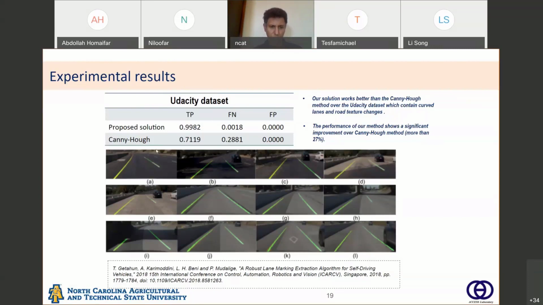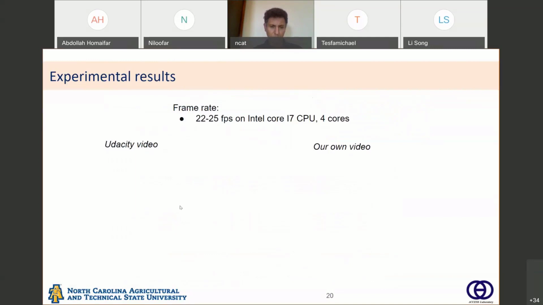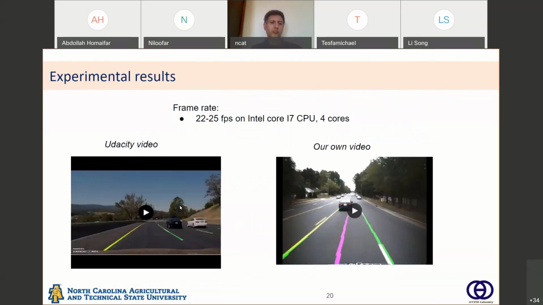So the Canny Hough transform based method performs a little lower on this data set, whereas the technique that I showed you earlier works really well.